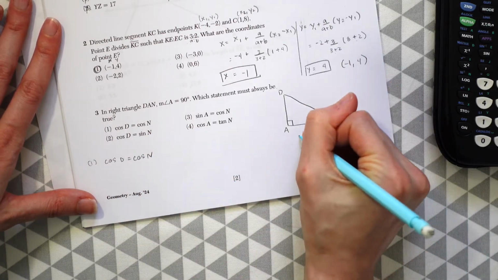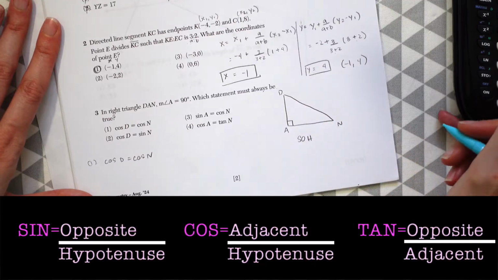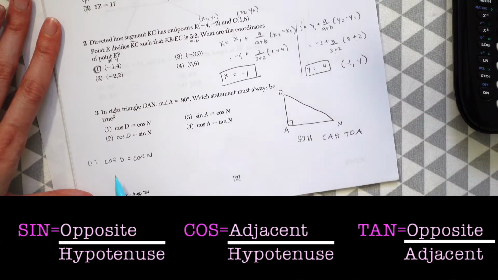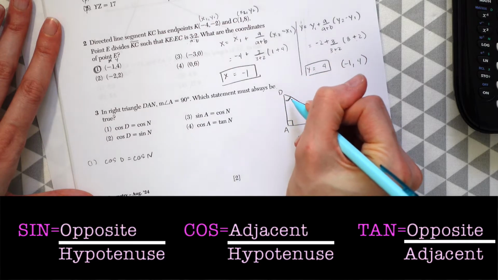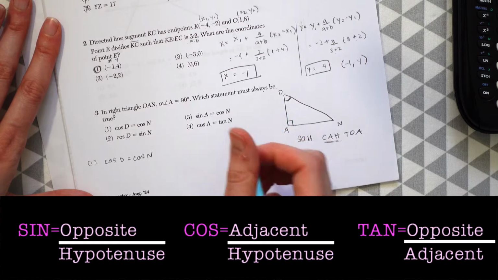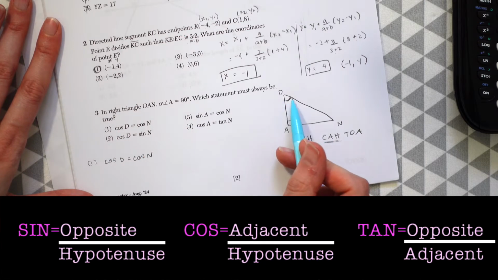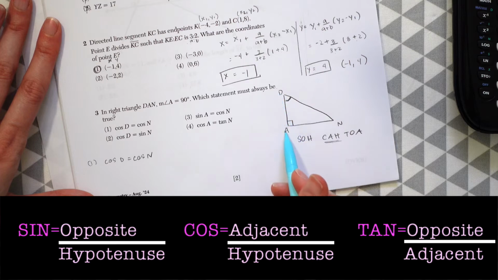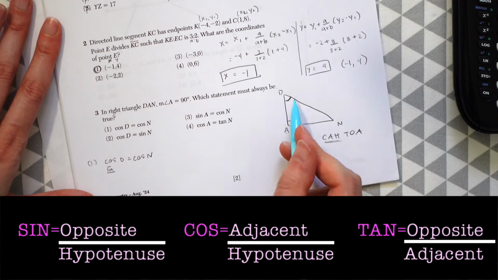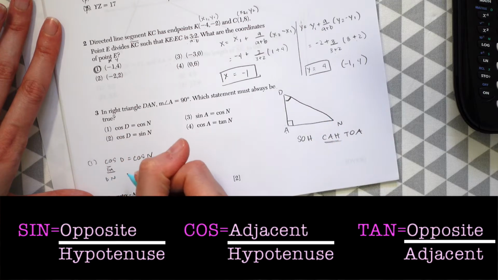Just a reminder of what all these trig functions are. We have SOHCAHTOA. So cosine of d is the adjacent over the hypotenuse. The adjacent to this angle d is dA, over the hypotenuse, which is dn.